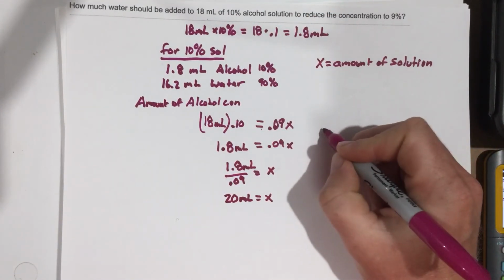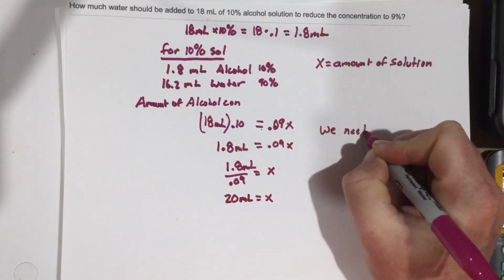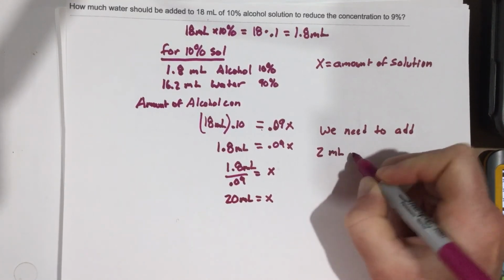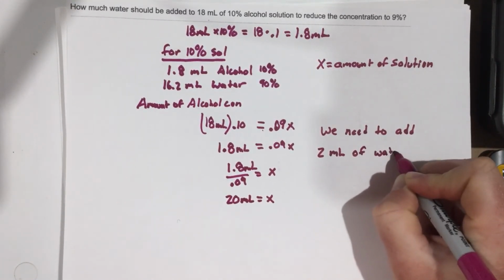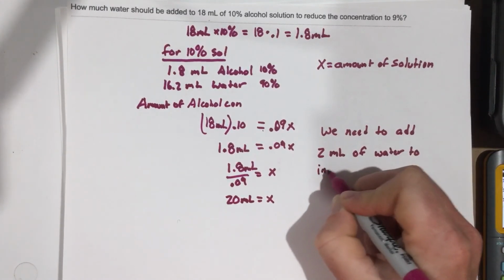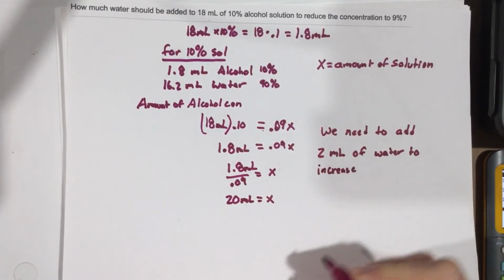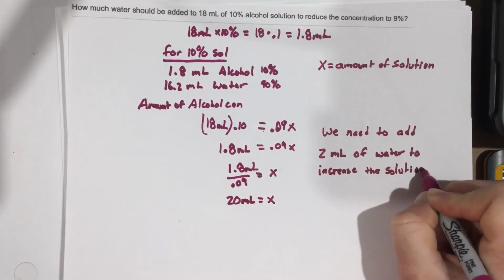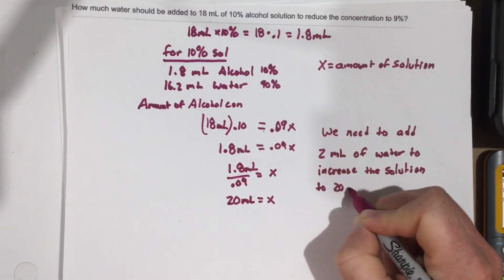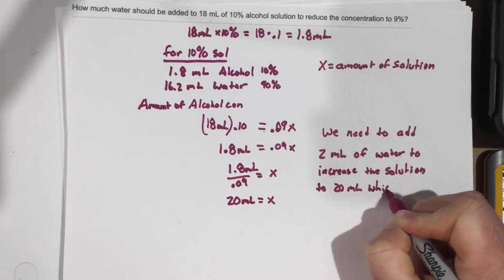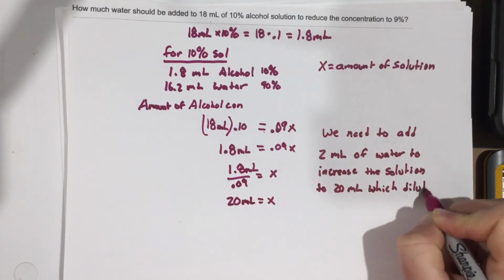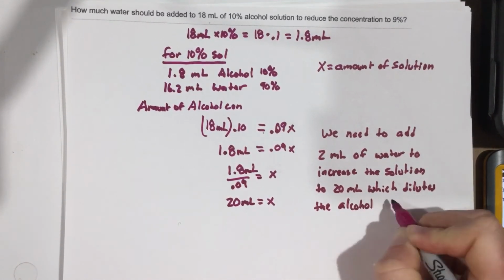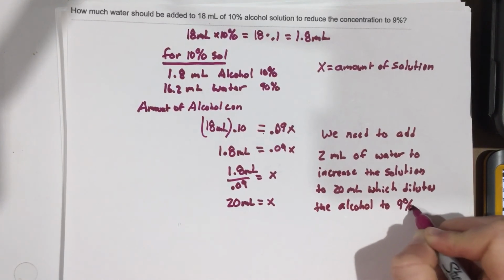So we need to add 2 milliliters of water to increase the solution to 20 ml, which dilutes the alcohol to 9%. And that's the problem.